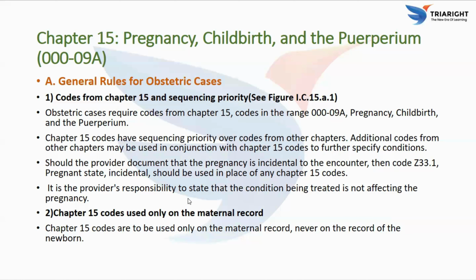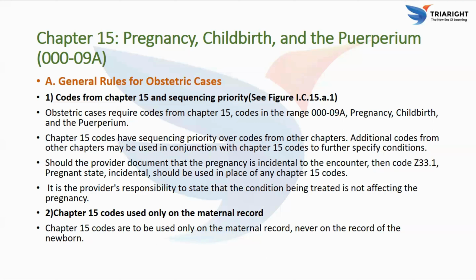Codes from chapter 15, the O codes, must be used only for the mother's medical record, never for the newborn's record. The reason is that the newborn has separate codes in chapter 16, especially for newborn and infant conditions. For example, if a pregnant woman comes to the hospital for high blood pressure due to pregnancy, you assign code O13.9, gestational hypertension, first.